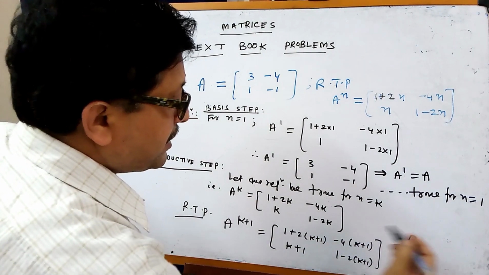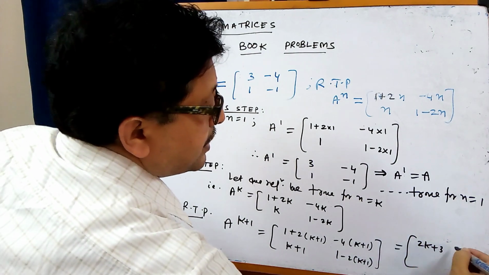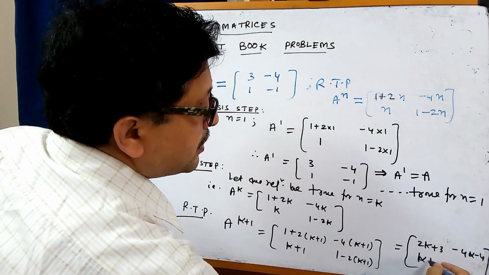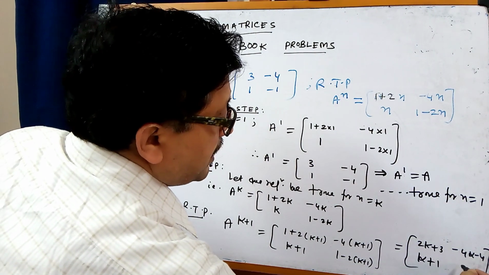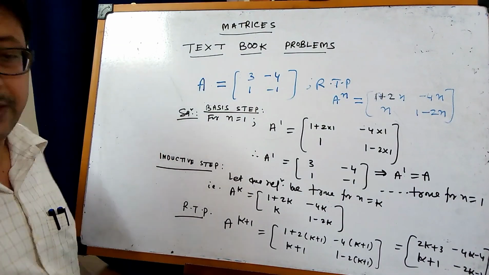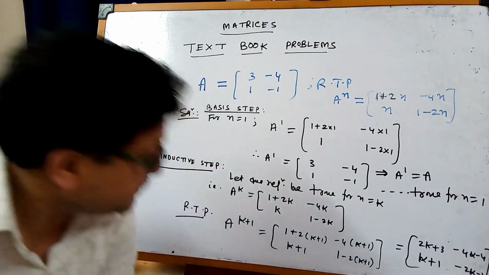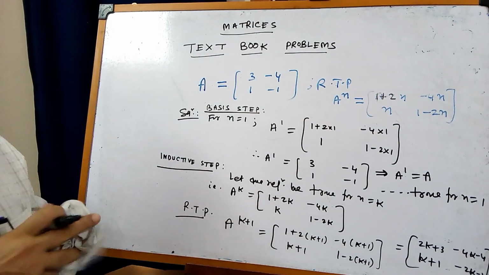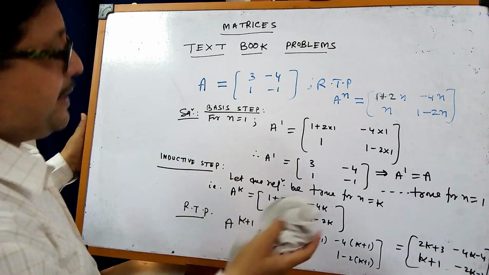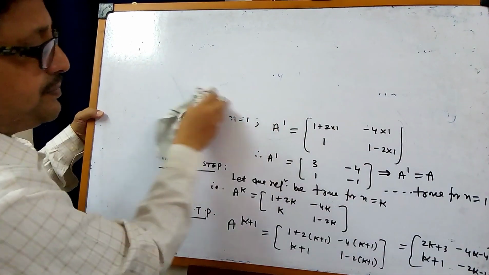This is nothing but 2k plus 3, minus 4k minus 4, k plus 1, minus 2k minus 1. We are going to prove this with the help of matrix multiplication. How? A to the power k plus 1 is required to prove, where we have assumed A to the power k equal to this.